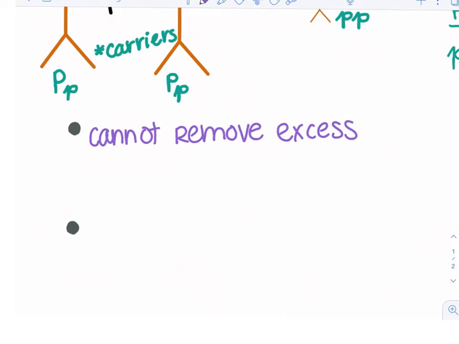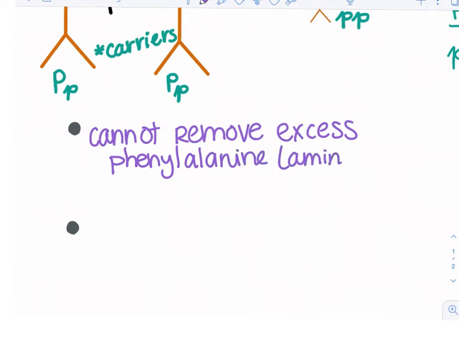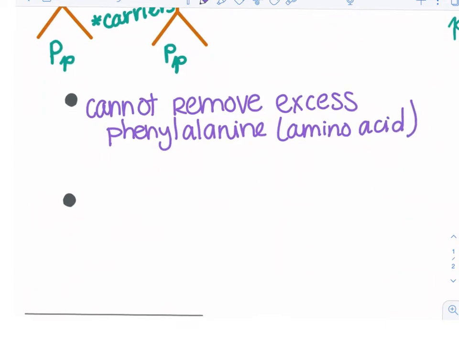Cannot remove excess phenylalanine, which again is an amino acid. Amino acids, of course, are the great things that link together to build proteins.